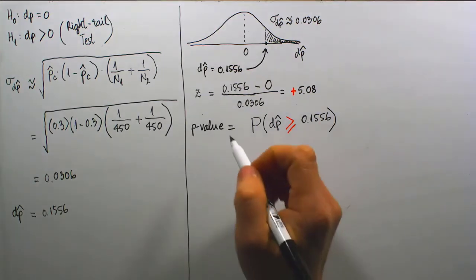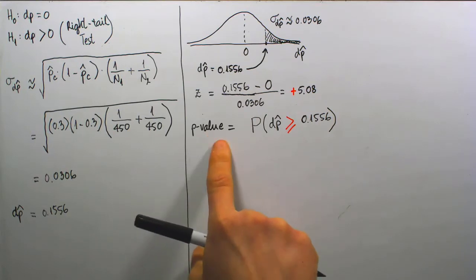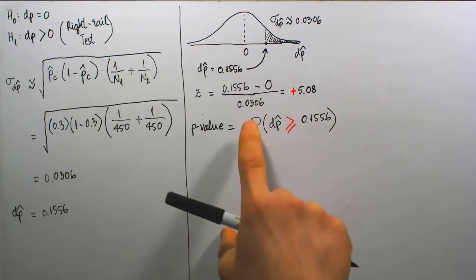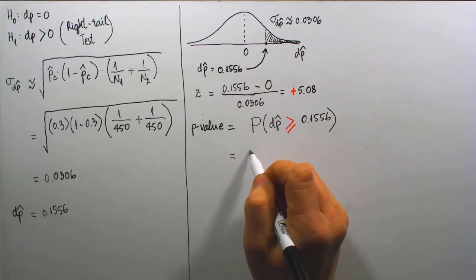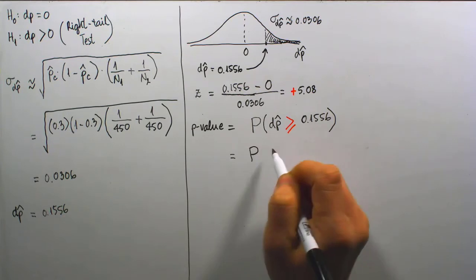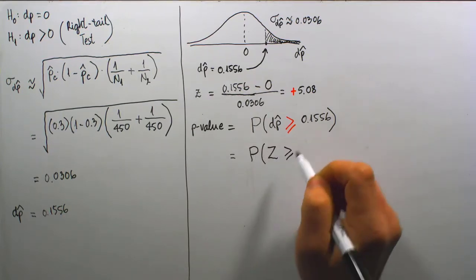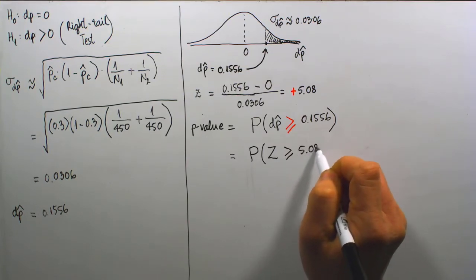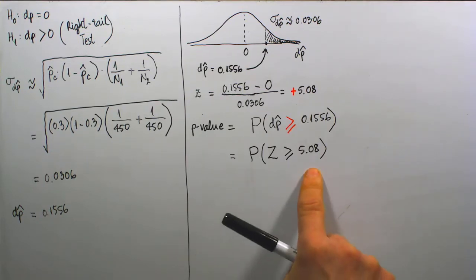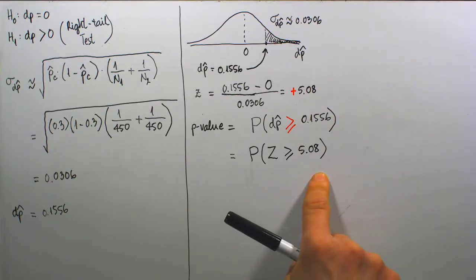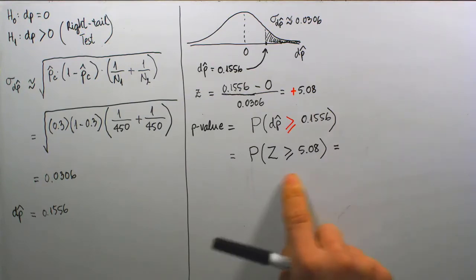And since we know the z-score for our sample, calculating this probability on the bell curve is the same as calculating the probability of running into a z-score greater than or equal to 5.08 on the standard normal distribution bell curve. To obtain this answer, it's just a matter of relying on a technology to find this answer for us.